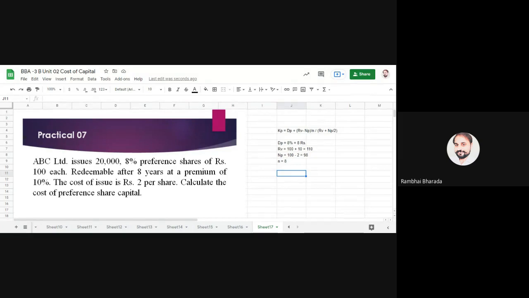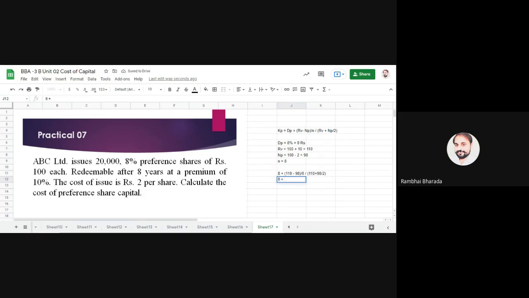Okay, now your calculation is so easy. Just put the values in the formula. DP is equal to 8, plus in a bracket RV 110 minus NP 98, divided by n, number of years 8, entirely divided by, in a bracket, RV 110 plus NP 98 upon 2.